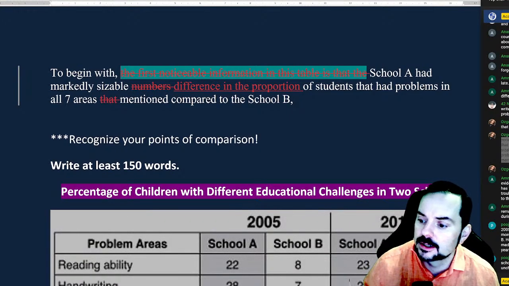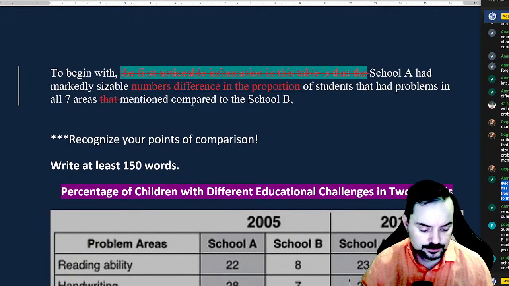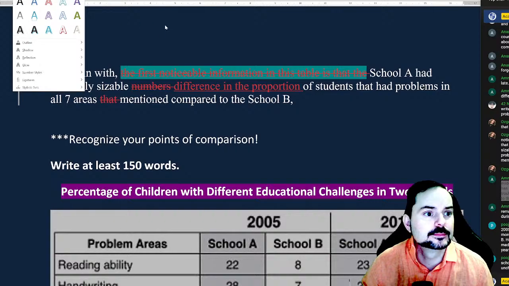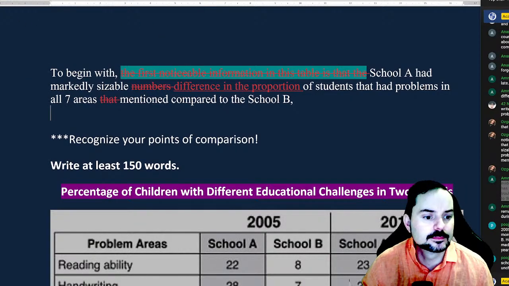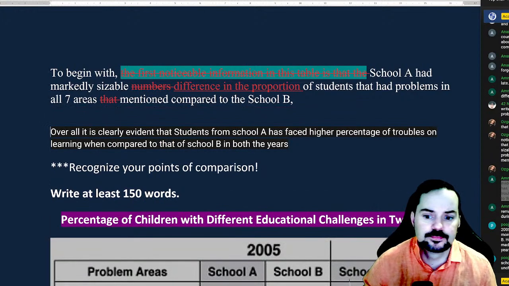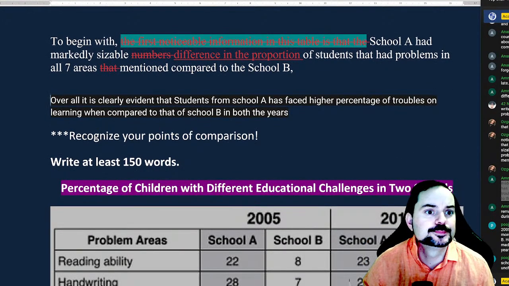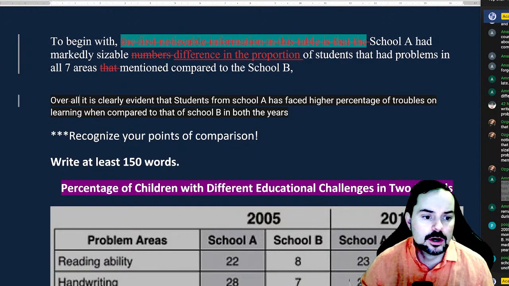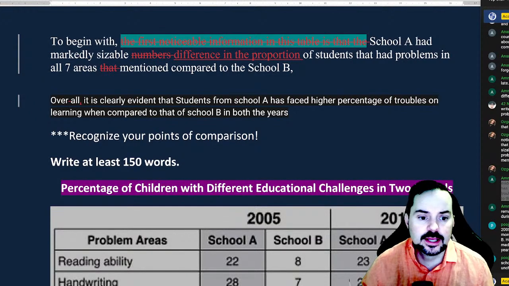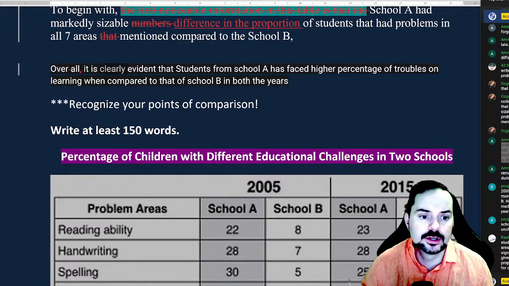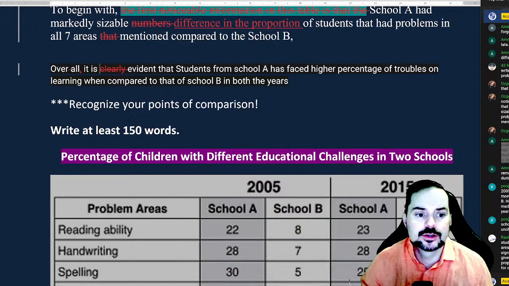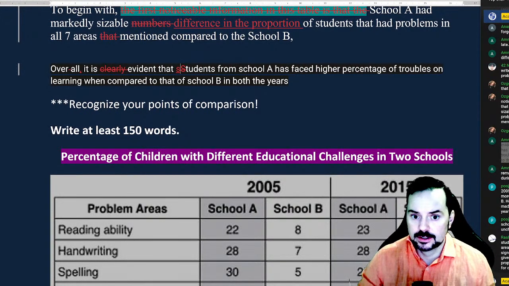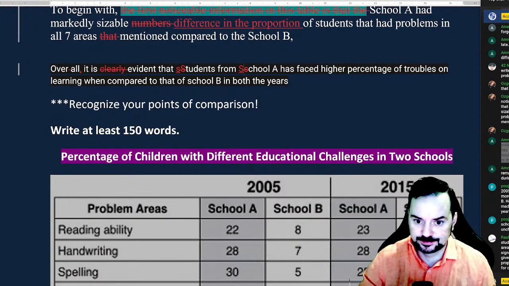All right, let's see what Amu has. Okay, Amu writes overall. Amu, overall is one word. Overall, it is clearly evident. We don't need clearly. So overall, it is evident that students from school A, you don't need to capitalize that, but you do need to capitalize this.